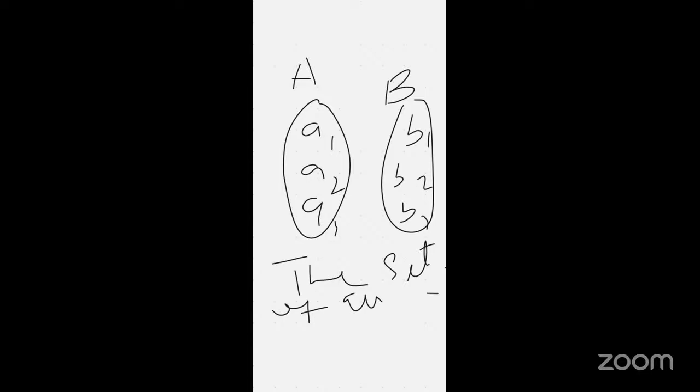I repeat myself, the set of all B corresponding to the values of A is referred to as range, while the set of all elements in A is referred to as domain.